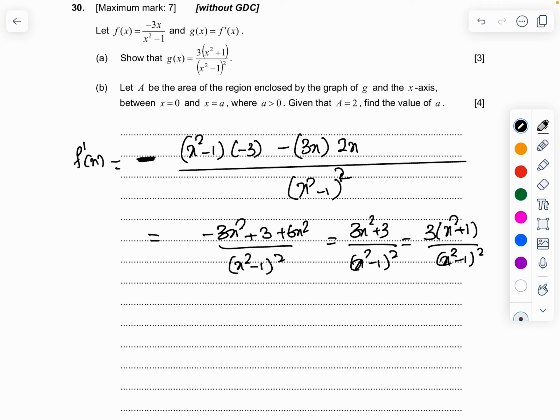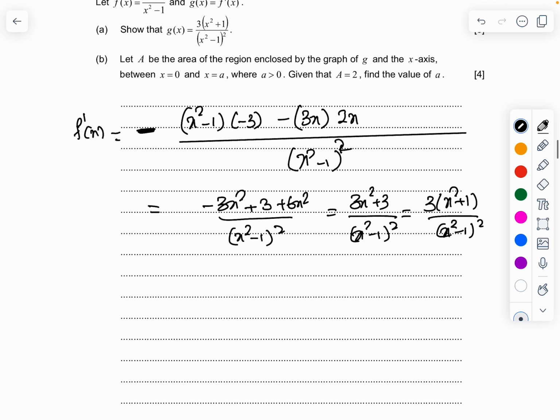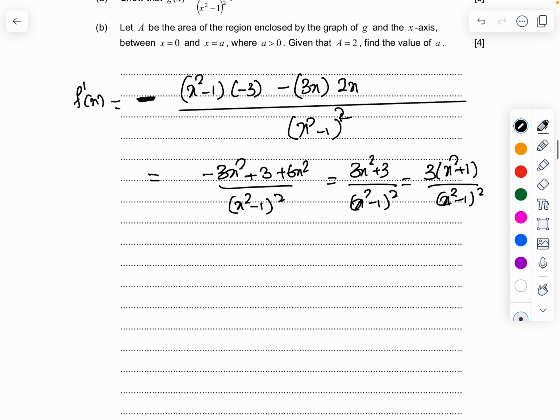Now let A be the area of the region bounded by the graph of g, the x-axis, x equals 0 and x equals a. Given that A equals 2, find the value of a. So the integral from 0 to a of g of x dx, 3x squared plus 3 divided by x squared minus 1 whole squared dx, is its area.